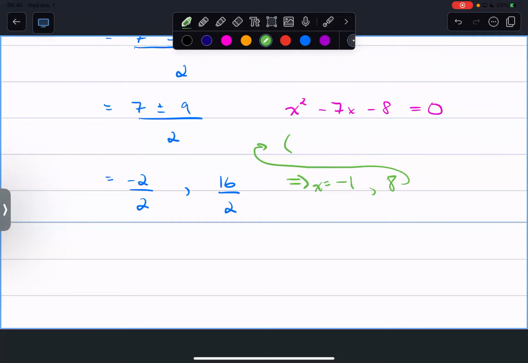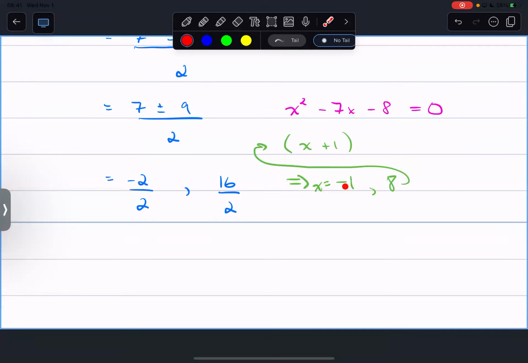If x is -1, oh, I do have the magic. It just takes me a while. If x is -1, then the value is 0, and so I'm going to have x plus 1. Just check in with yourself: if I force x to be -1, -1 plus 1 makes 0, so I'm on the right track.